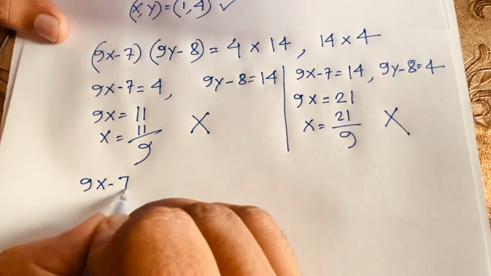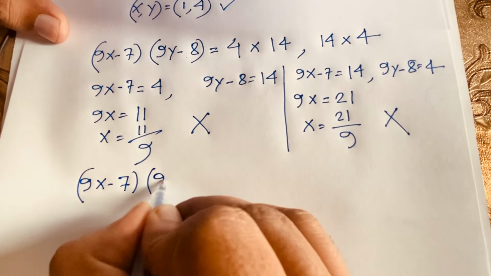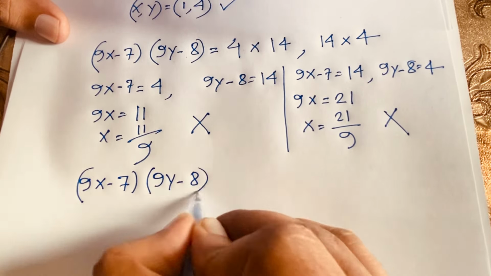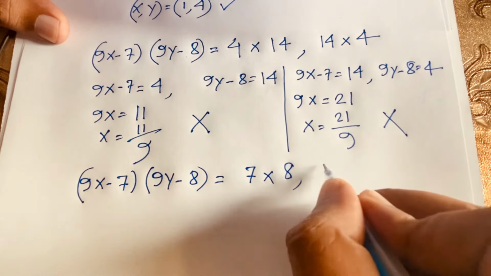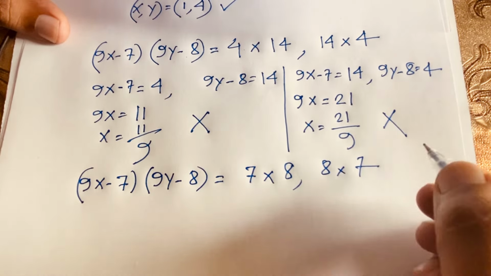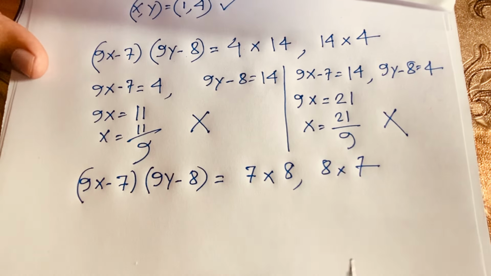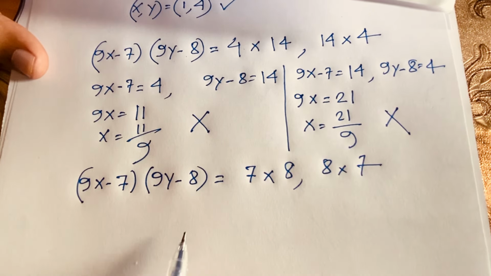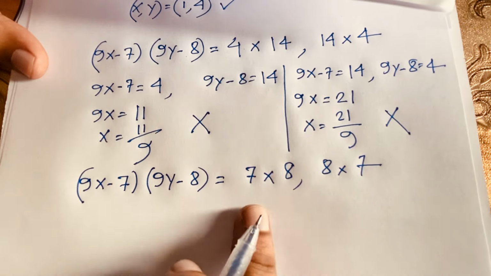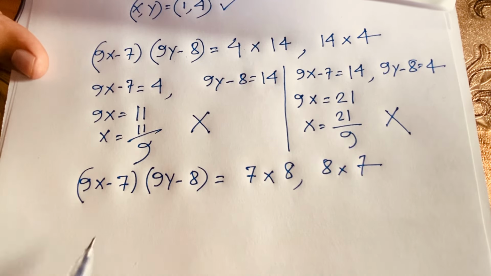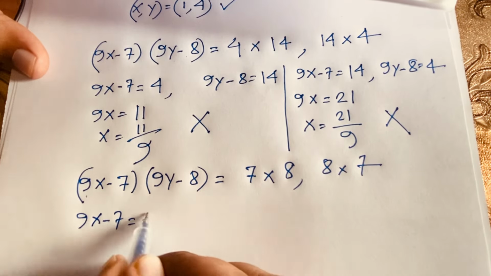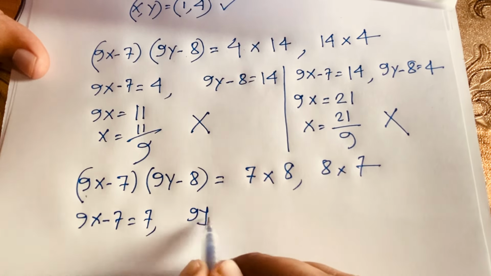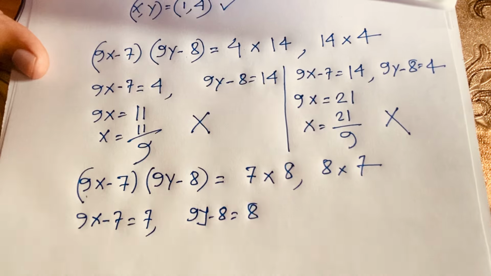Then in the other case I can see easily 9x minus 7 times 9y minus 8 is equal to 7 times 8 or 8 times 7. Now you can see easily 9x minus 7 is equal to 7 or 9y minus 8 is equal to 8.